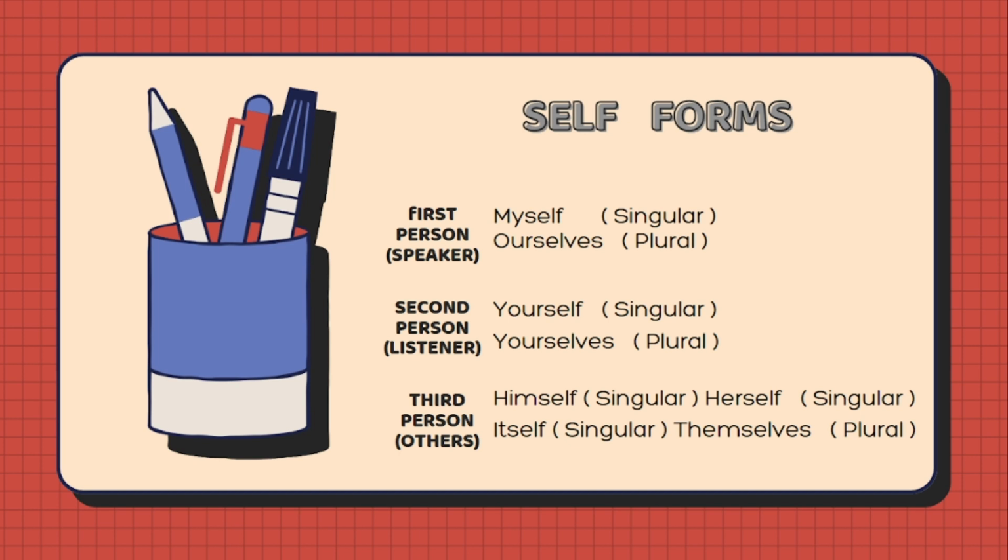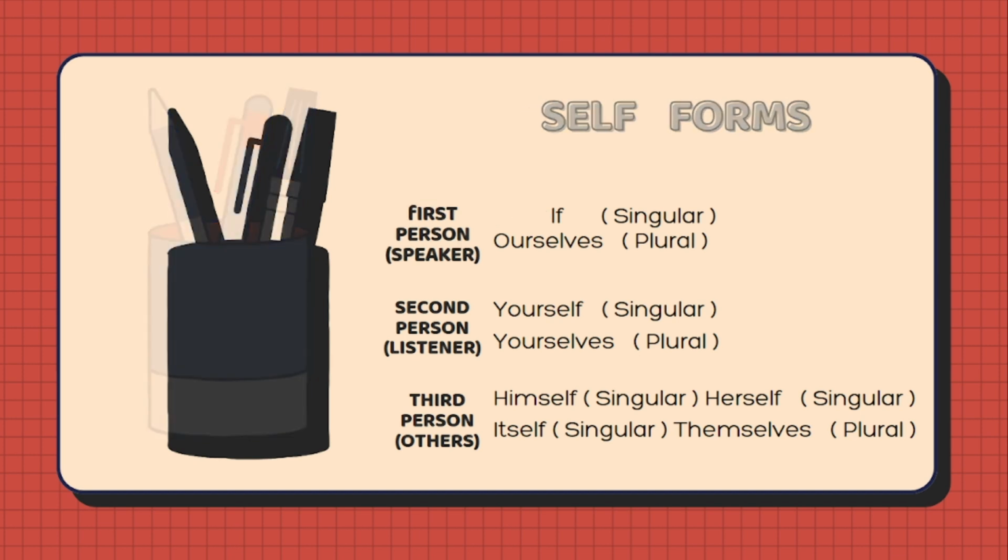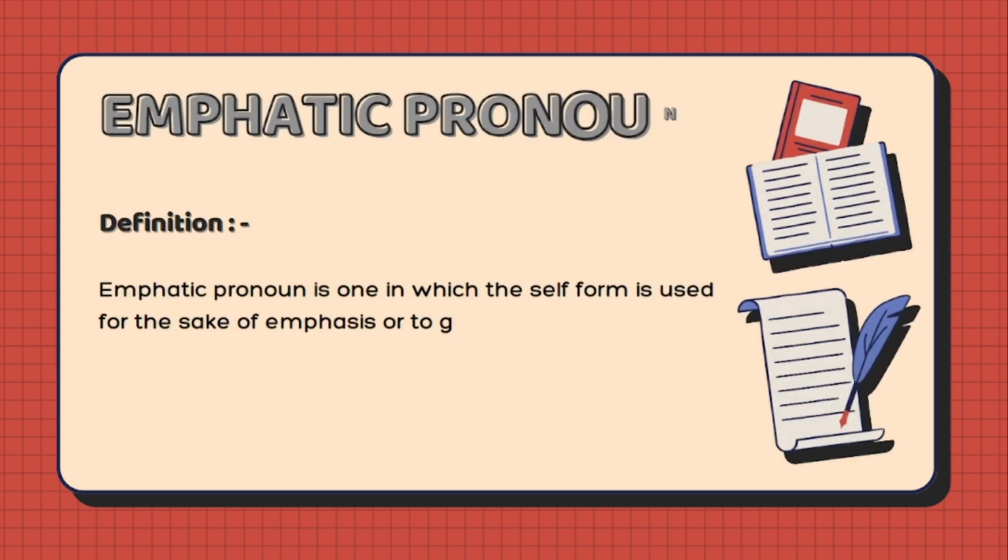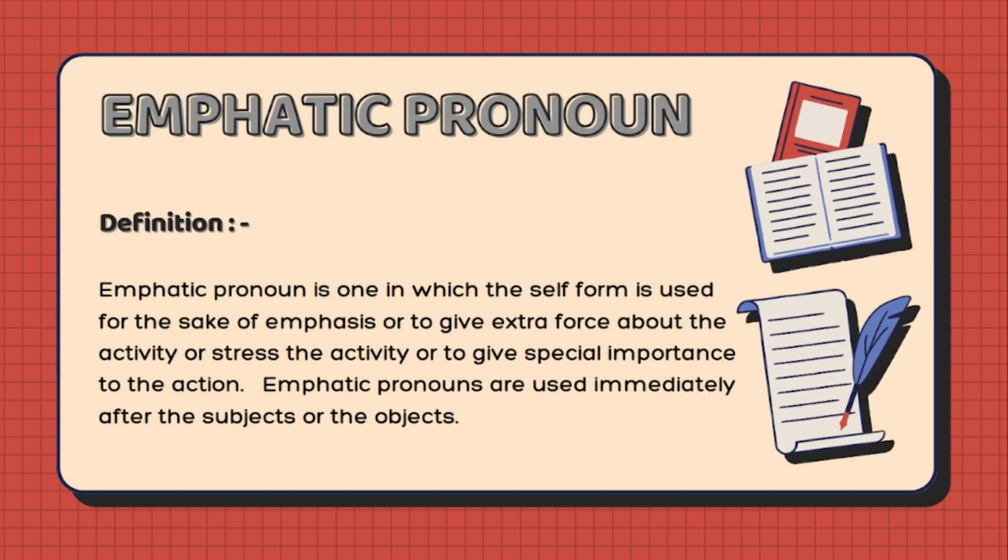Now, let us see the second usage. What is it? The second usage of self forms is to give special importance to the action, or to stress about the activity or action, or to give extra force about the activity or action.